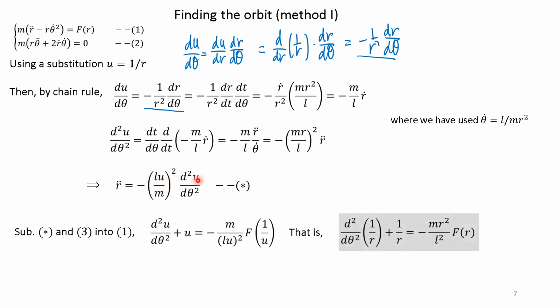So now if I substitute this star, and this equation to this, where's my equation 3? Then I will be able to get this d square u d theta square plus u equals to this over here.